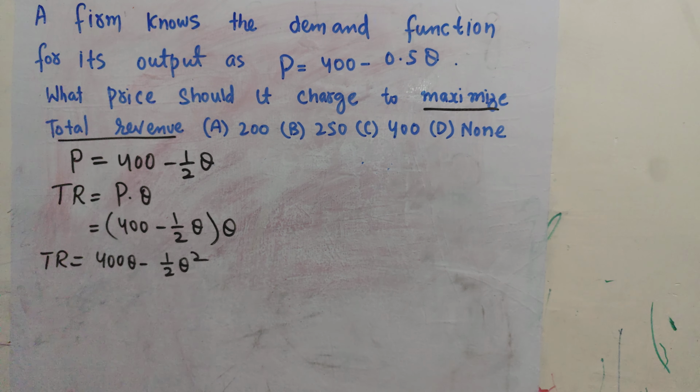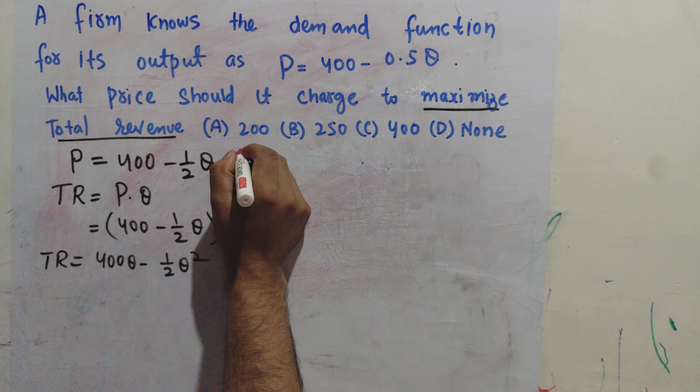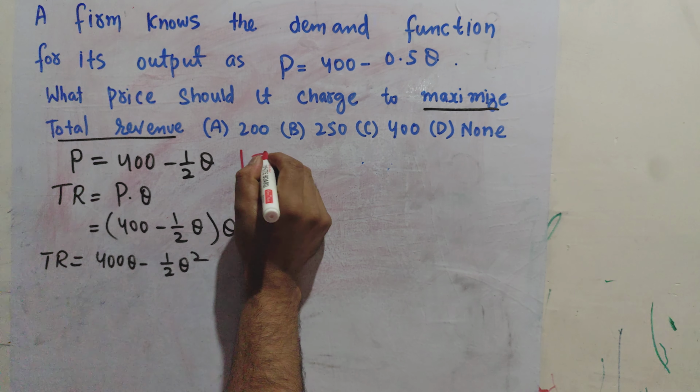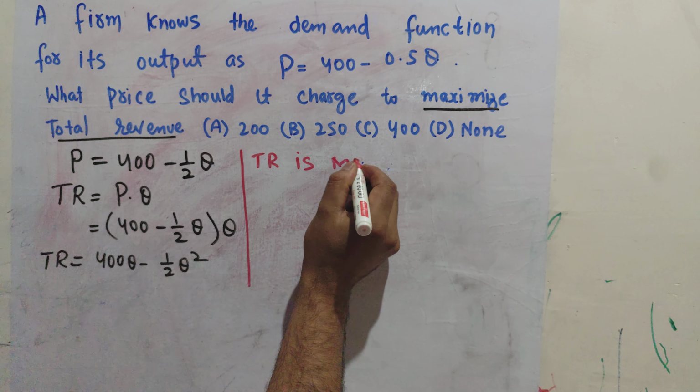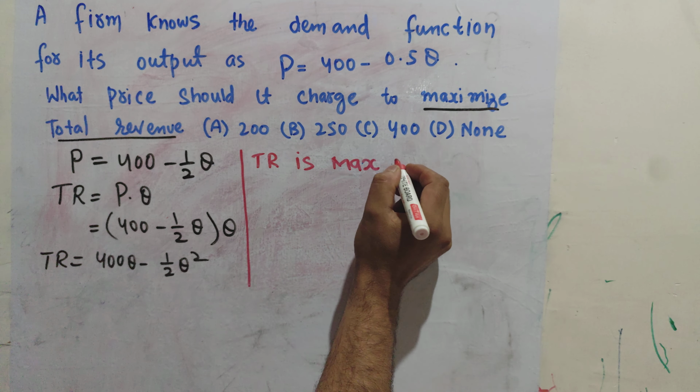But we need to find out what will be the level of output first that maximizes the total revenue. Then we can find out the corresponding price. So when is total revenue maximized?